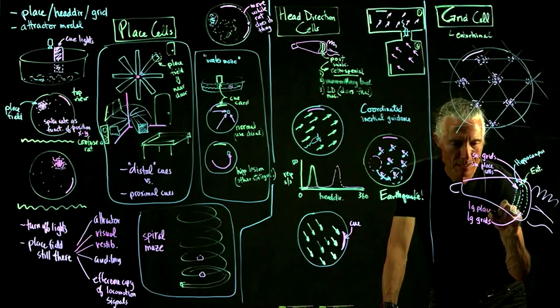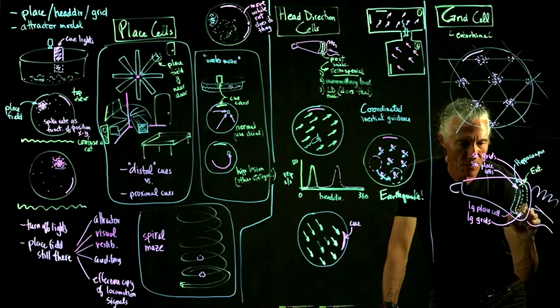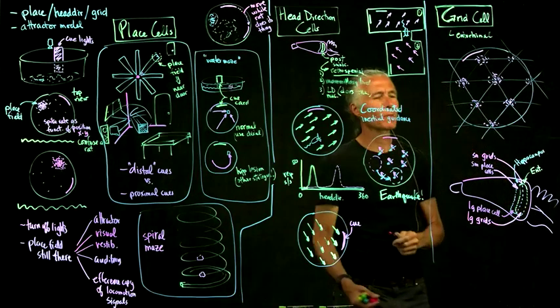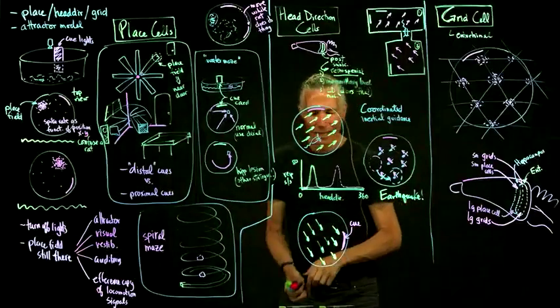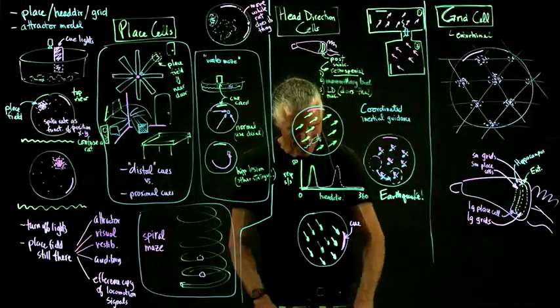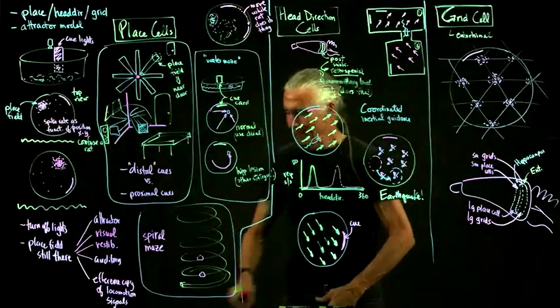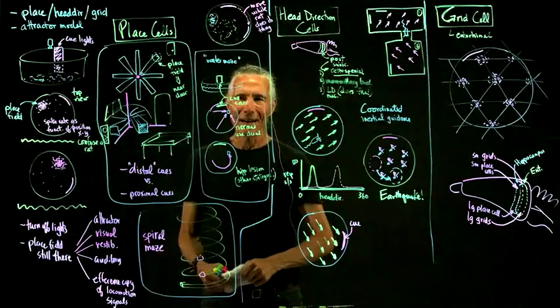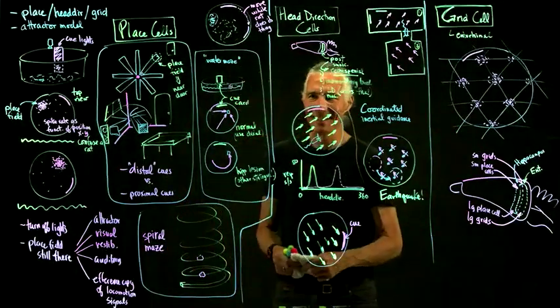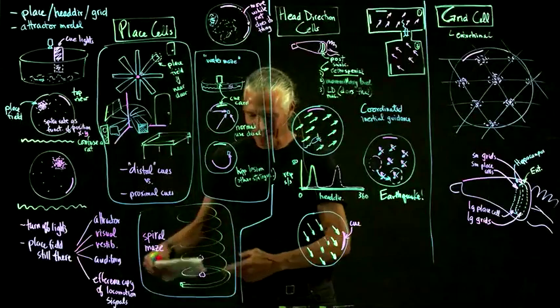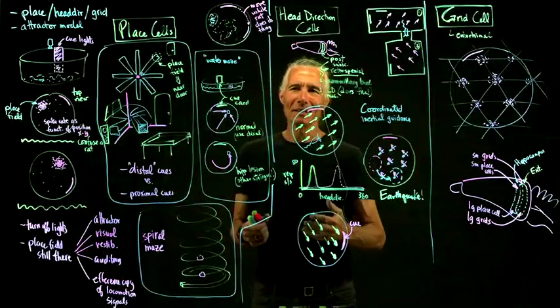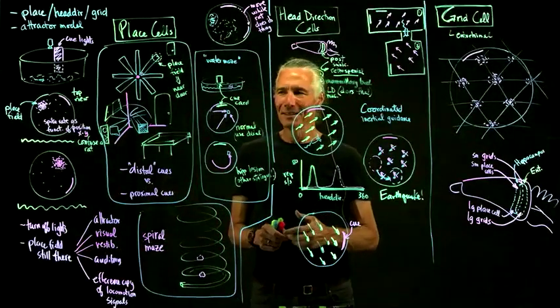One of the reasons they didn't notice this at the beginning is that some of the place cells are really big. And I always tell this as an example of why I need more lab space. It's the best argument for more lab space, because I've got to find these large grids.